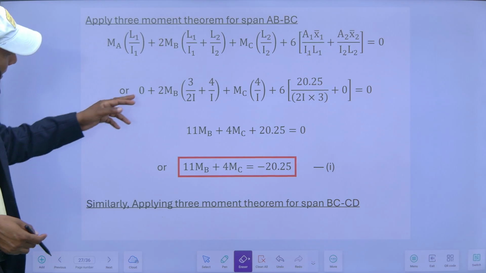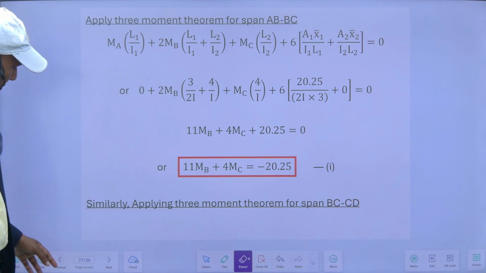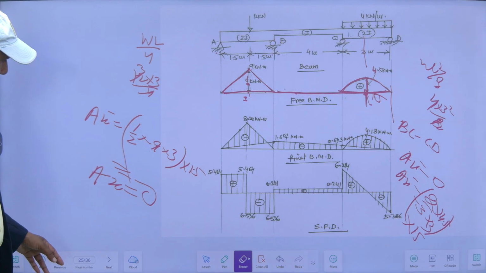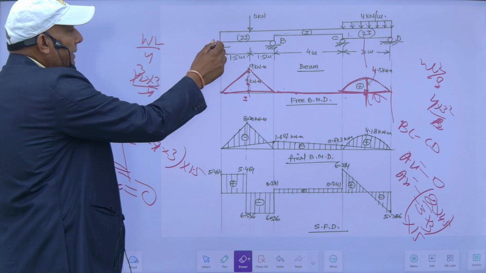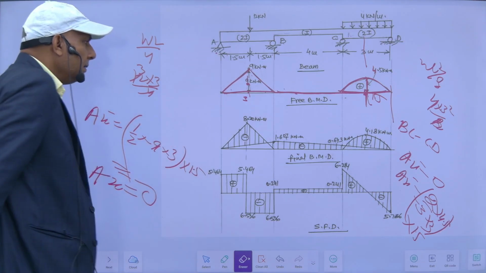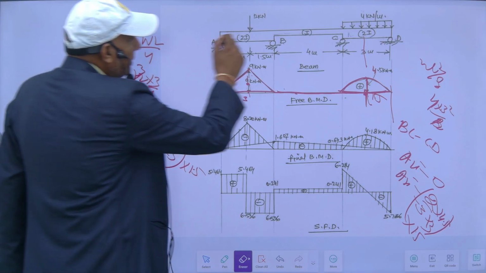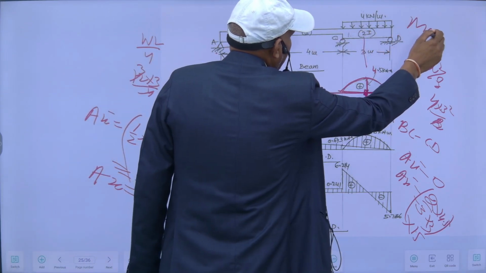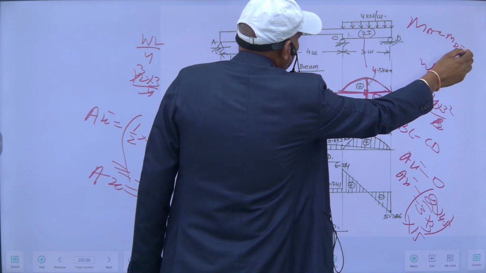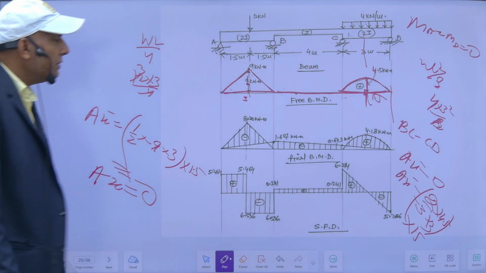So MA is equal to 0. Since this is a simply supported end, a hinge, the moments at MA and MD are equal to 0.